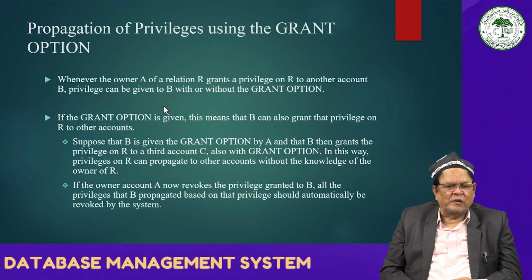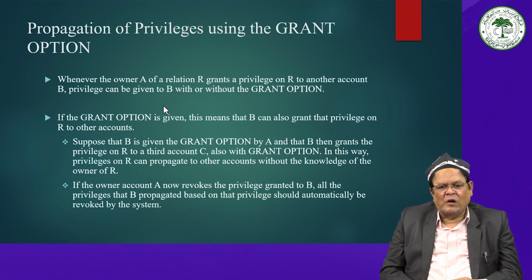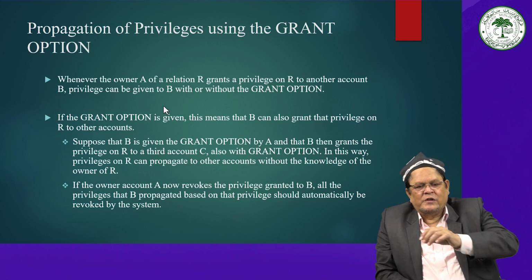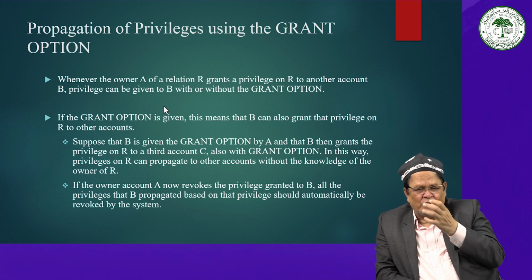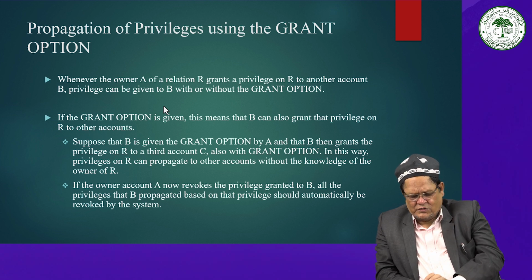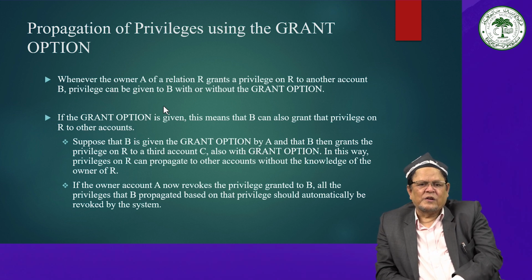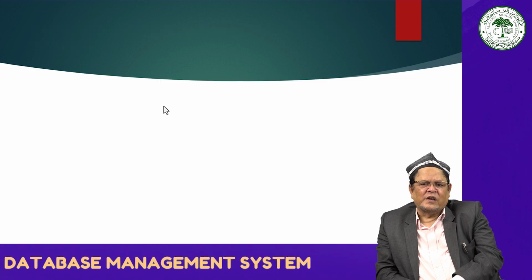In this way, the privilege on R can propagate to other accounts without the knowledge of the owner of R. If the owner A now revokes the privilege granted to B, all the privileges that B propagated based on that privilege should automatically be revoked. So if it is revoked, it will be revoked from all those accounts. So this is propagation of privilege using grant.